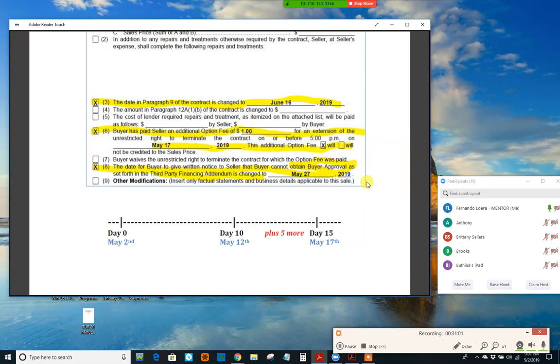Another thing is some sellers don't want to change the closing date, which is paragraph 9 on the amendment. They can say no, and you're stuck. That's one thing you really need to keep track of: don't shortchange yourself when you're putting in a closing date.